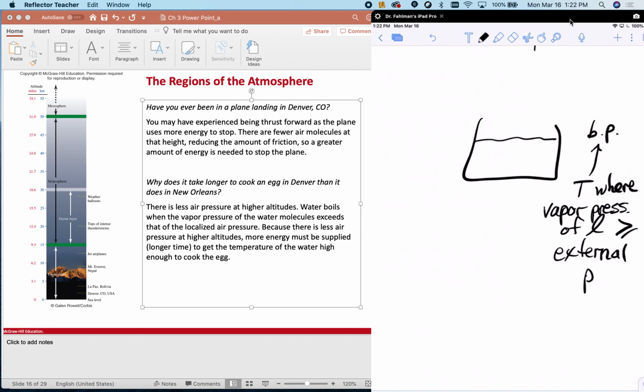There we go. Depending on what the external pressure is, that's going to affect how easily molecules from your liquid escape.